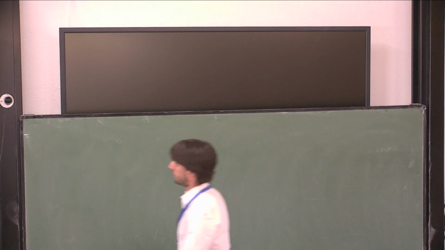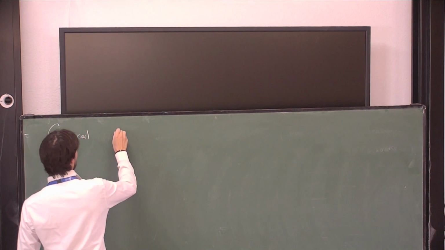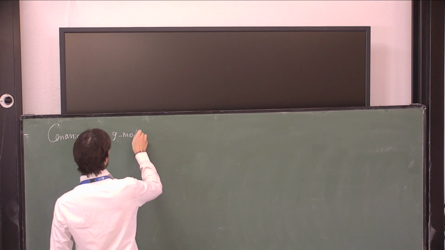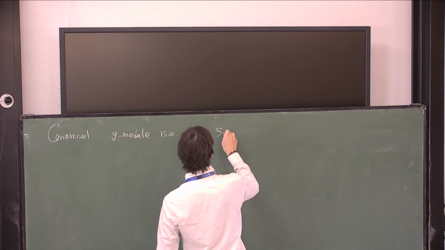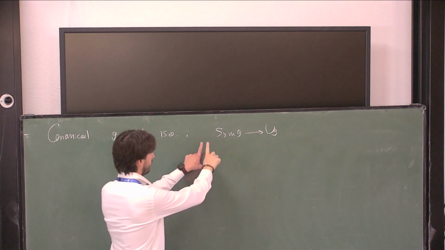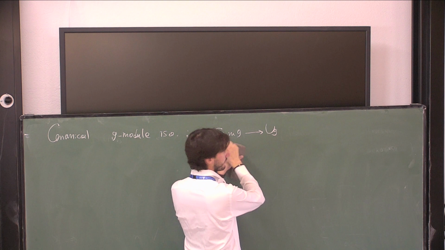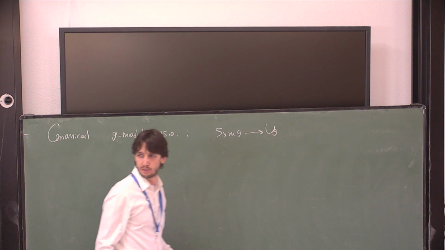So there is a canonical map, a canonical g-module isomorphism from the symmetric algebra to the universal enveloping algebra, which just involves taking the action of the symmetric group and mapping symmetric tensors to elements of the universal enveloping algebra.